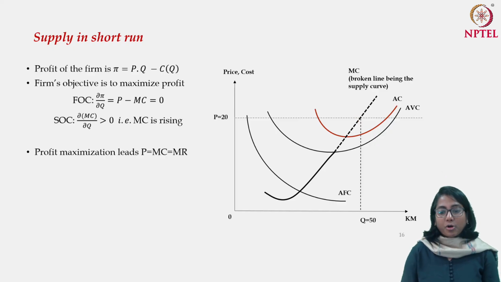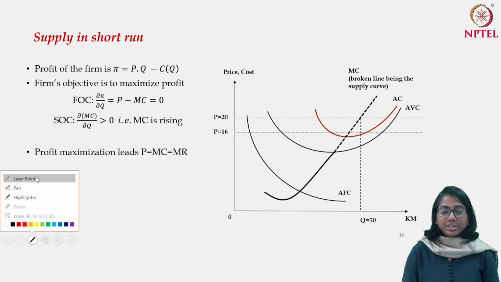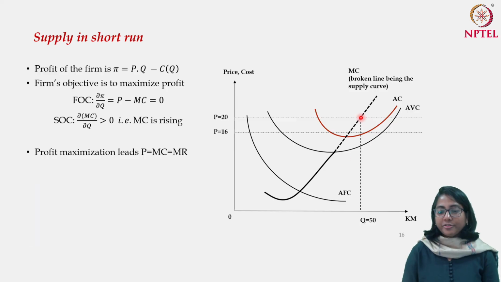However, if the price falls from 20 to 16, that is, there is a decline in the market price, then you can see that the equilibrium of this producer shifts from this point to a lower point on the marginal cost curve. That is, it comes here. And at this point, at price equal to 16, the quantity supplied by the producer in the market will be less than 50, and let us assume it is 45.